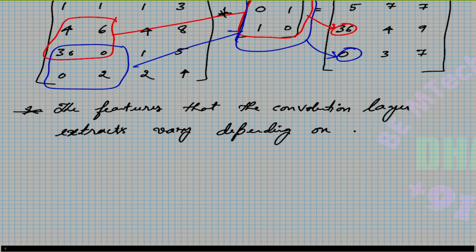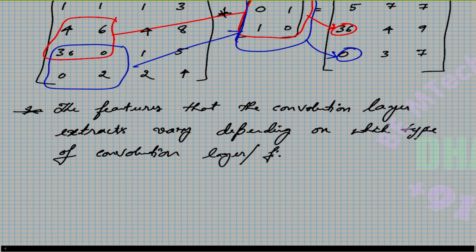Depending on which type of the convolutional filter, I should specifically write filter, I'll put the layer in bracket. Which type of the convolution filter has been used.